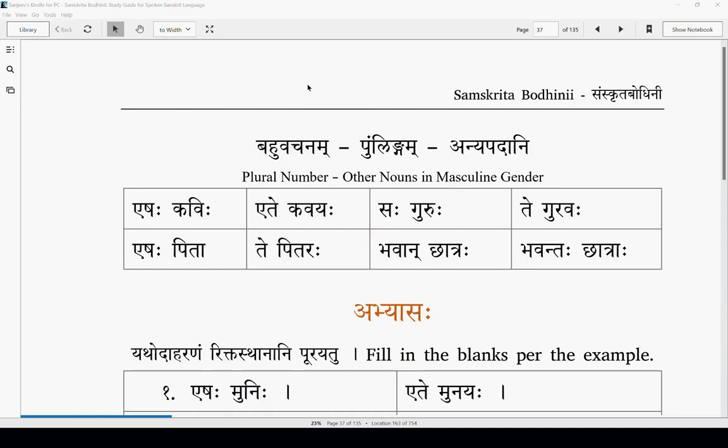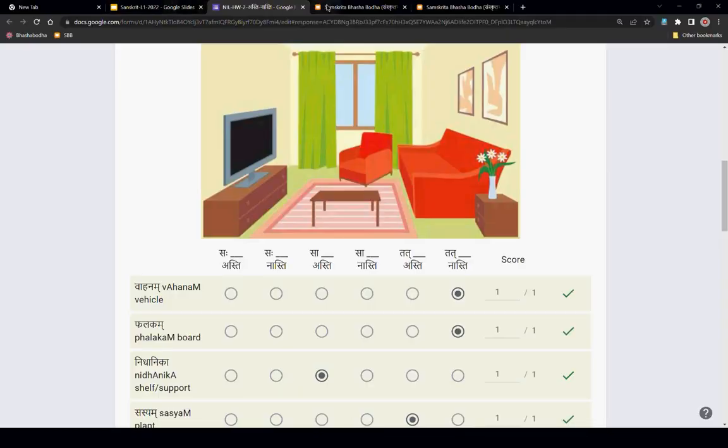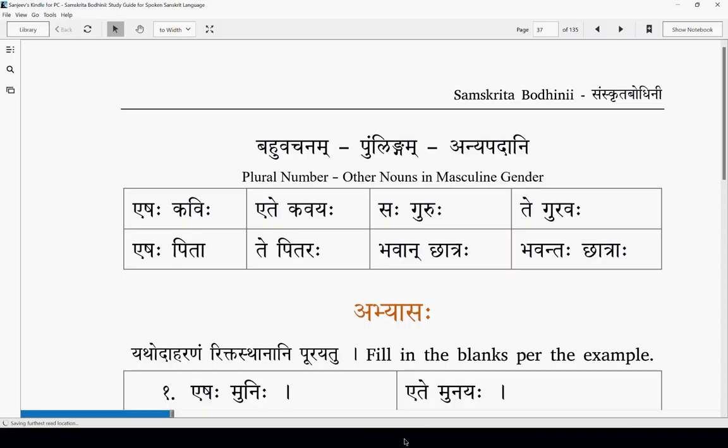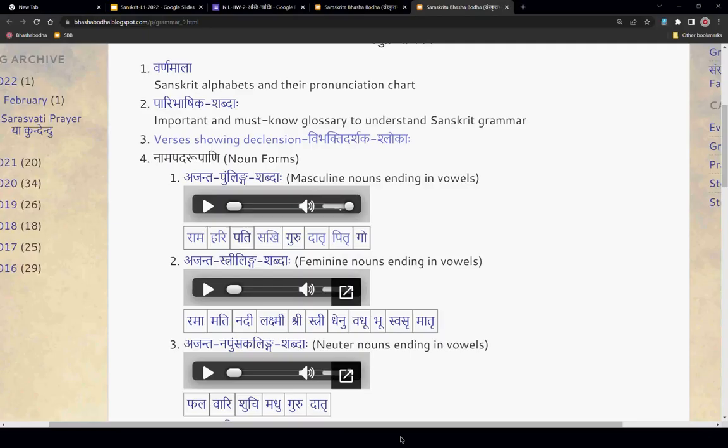Now there are some exercises which we will do, but these different pullinga bahuvachanam, obviously you can look up these tables also where you can find these forms. So for example, where is Kavi? You have to find the base word ending in a similar sound.